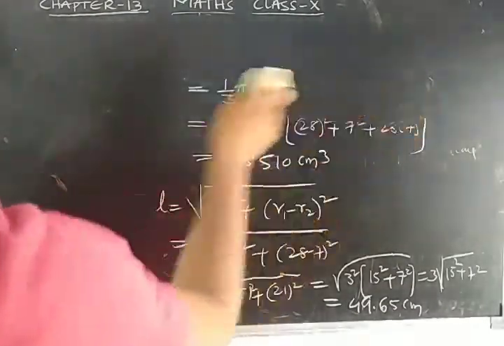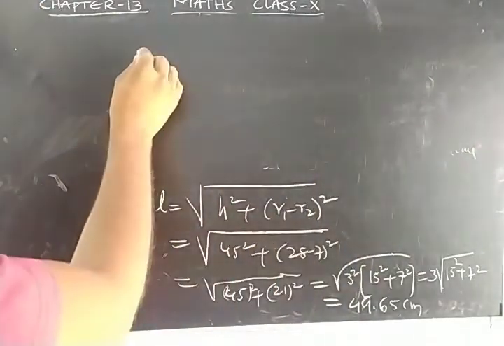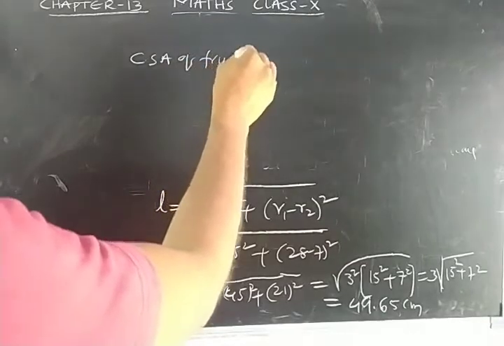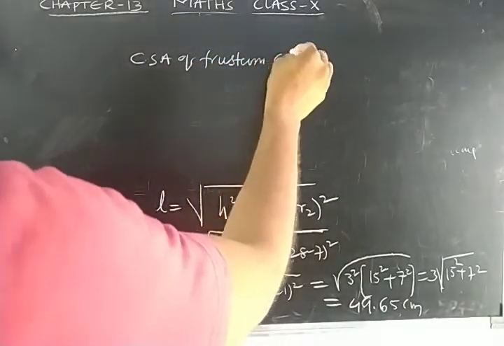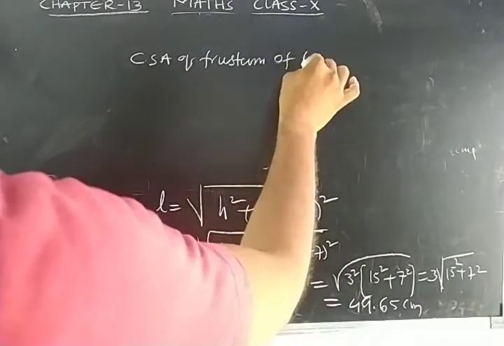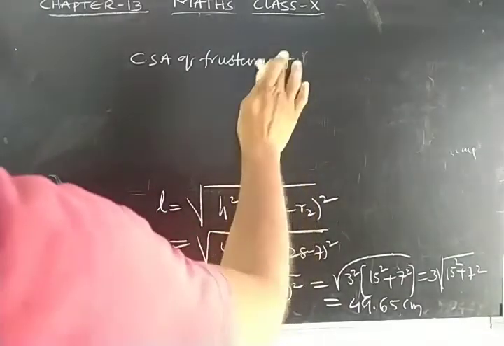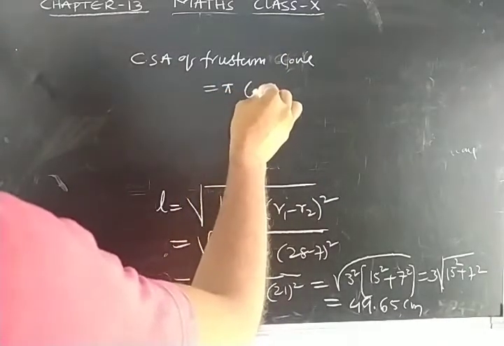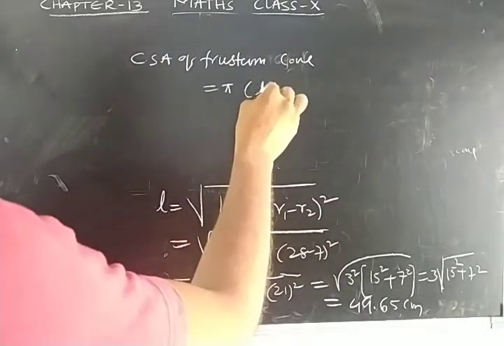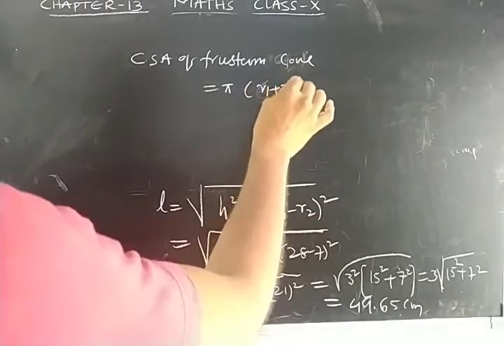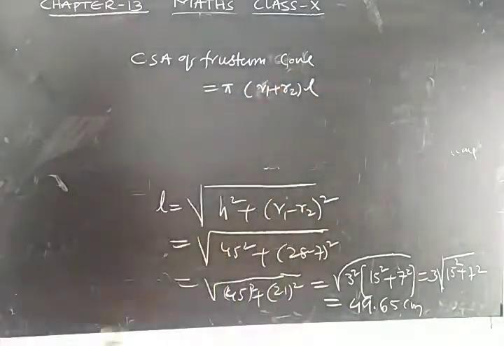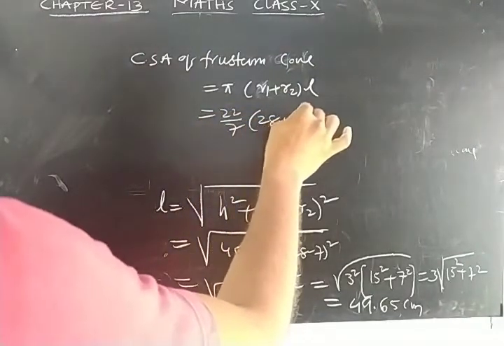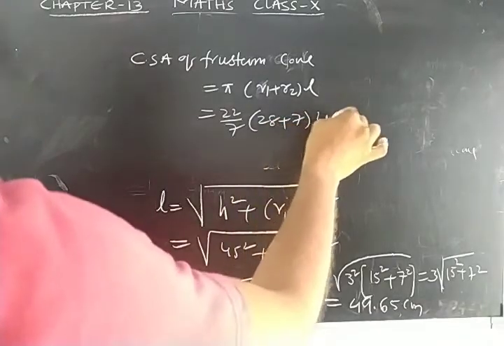Now after getting the slant height, we have to find the CSA of the frustum cone. What is the formula? Pi into (R1 plus R2) into L. So 22 by 7, R1 is 28, R2 is 7, L is 49.65.